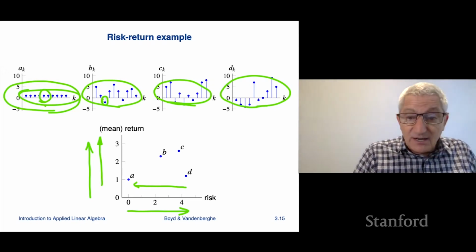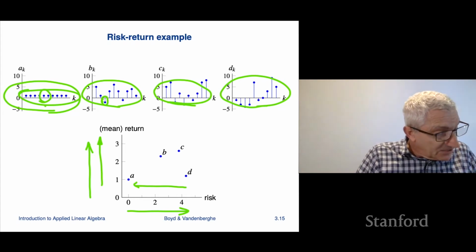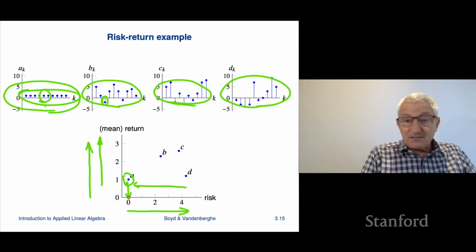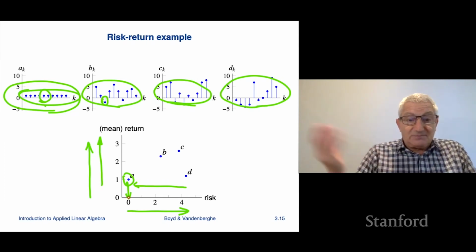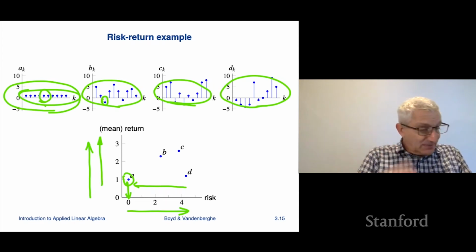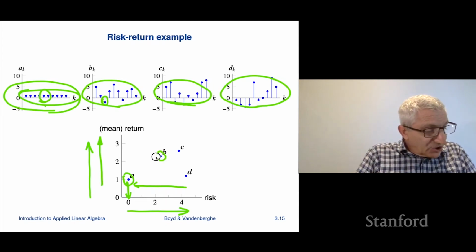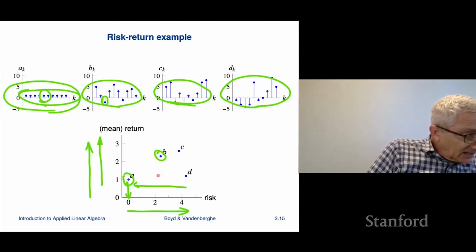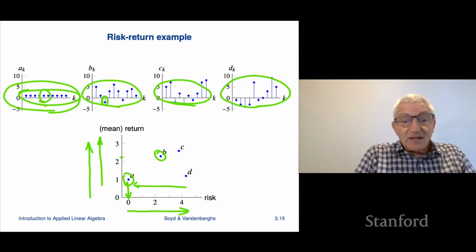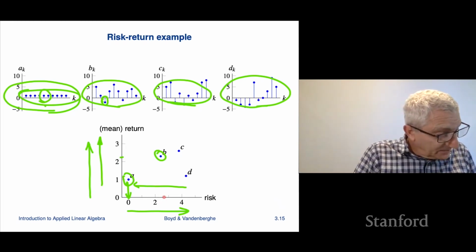And so for these 4 return sequences, we can see a couple of things. A comes out over here. It's got 0 risk because it's a constant all the time. Here's B. Sure enough, it's got a higher return, like 2 and a bit times as much as the first investment, A. But its risk is higher too, and that's here.